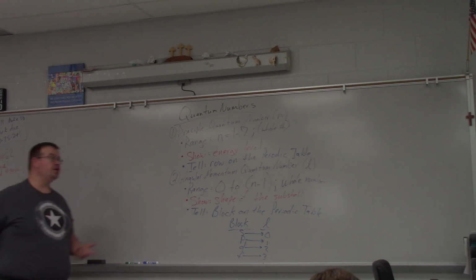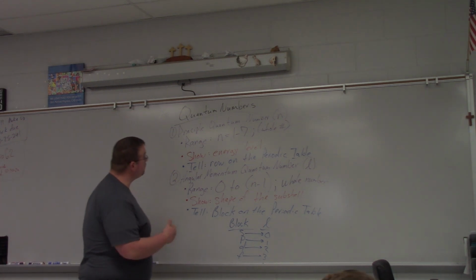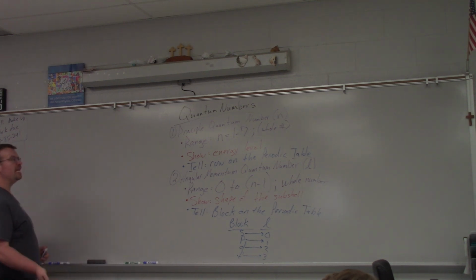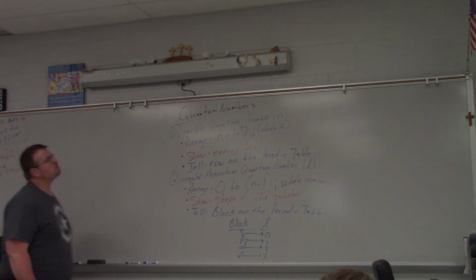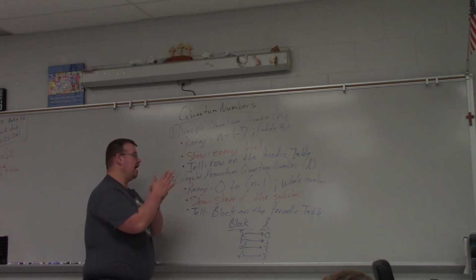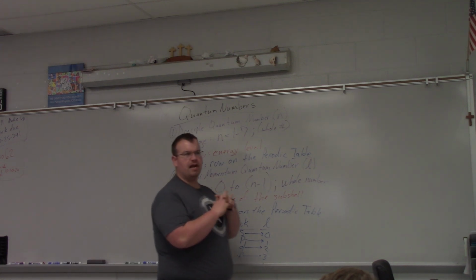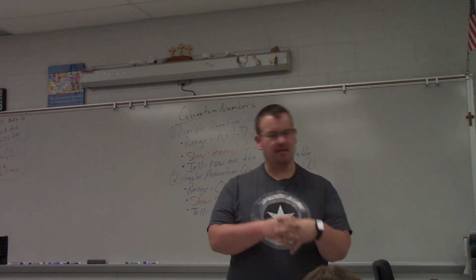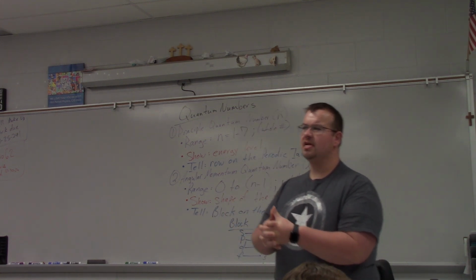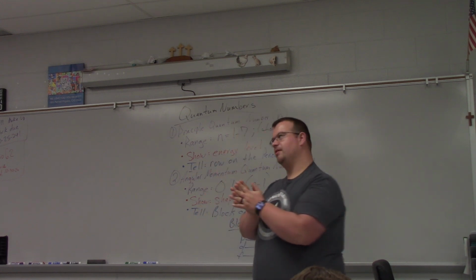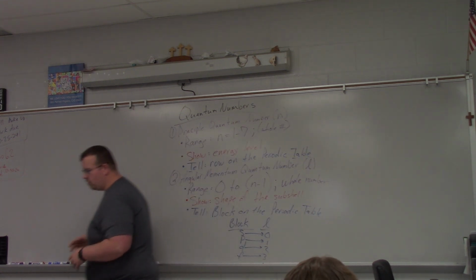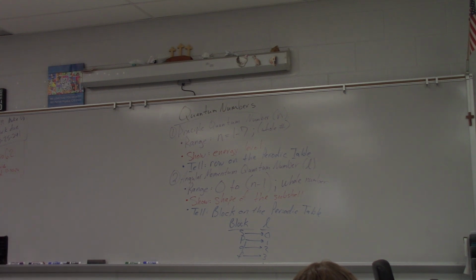Looking at this, we went through the first two, principal quantum number and the angular momentum quantum number. I want to make sure you get an idea for this, because I've had issues in the past with kids. If I would ask a question about what a certain quantum number was telling us or what it was showing us, they would get confused on the difference and mix it up.